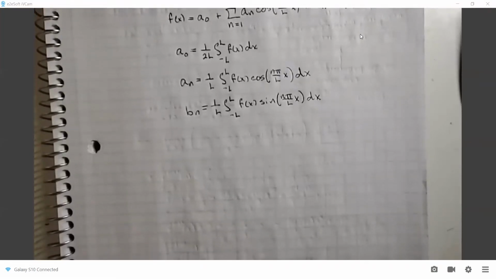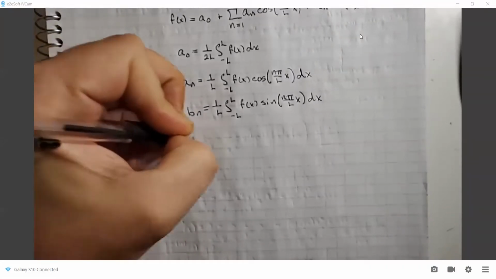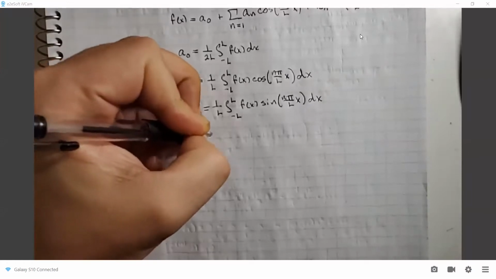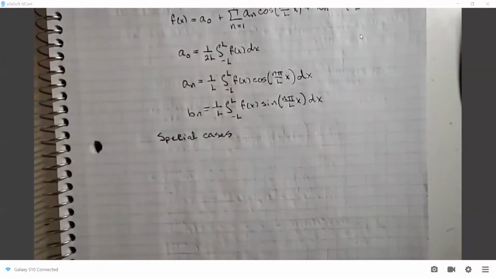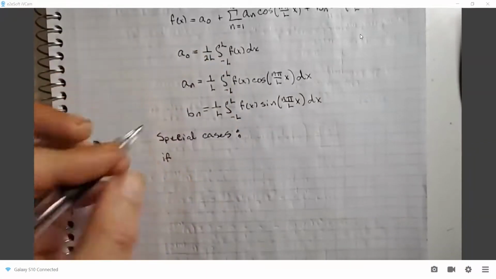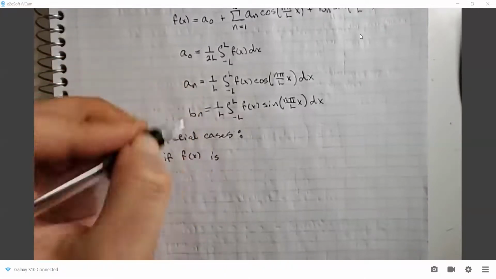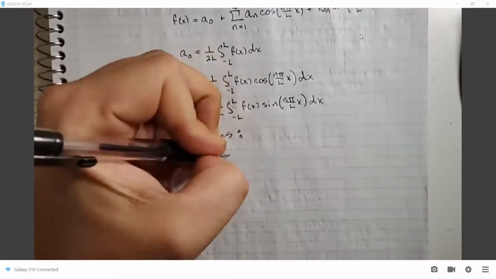So, special cases. If f of x is even, we can simplify the formulas for a naught, an, and bn quite a bit.